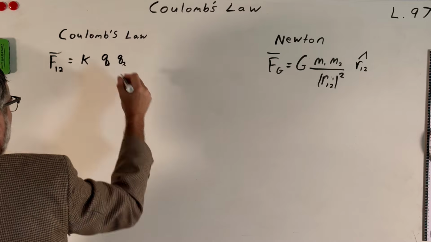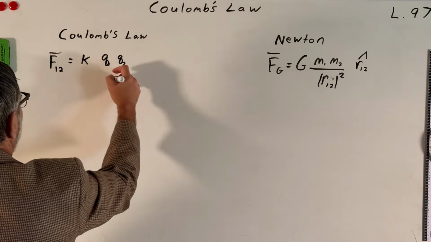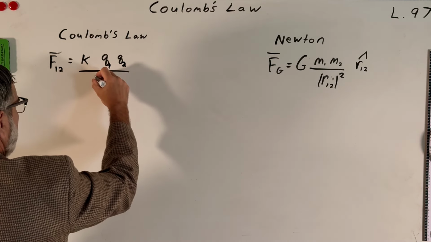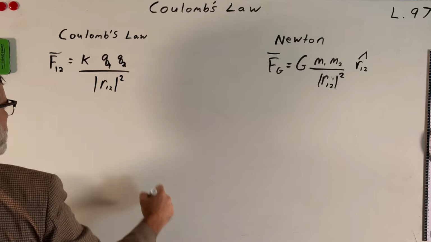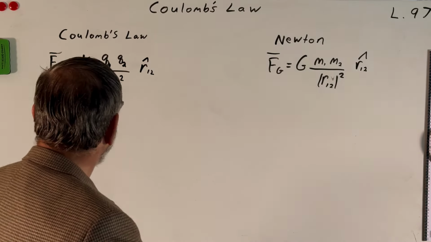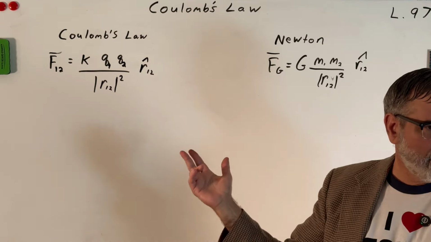I'm going to use my little curly Q's, that way you can see they're a Q and not a 9. So it's Q sub 1, Q sub 2, divided by the same R12 squared, the distance between them squared, times this vector R12. So, looks pretty similar, right?